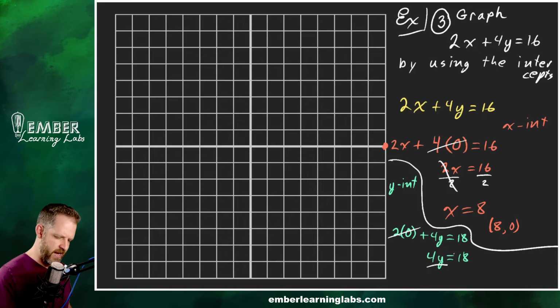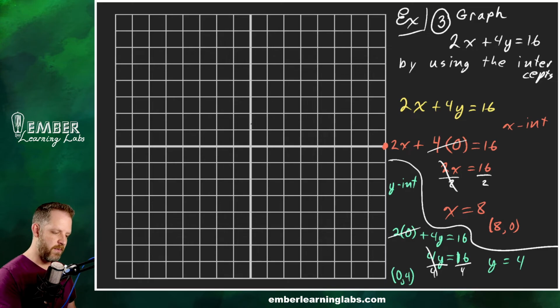Well, I don't know why I'm writing 18. That's not going to come out even. You can get fractions on these, that is possible, but we're not getting fractions. So how about 16? And then 4 divided by 4. So y equals 4. So the y-intercept is the point 0, 4.